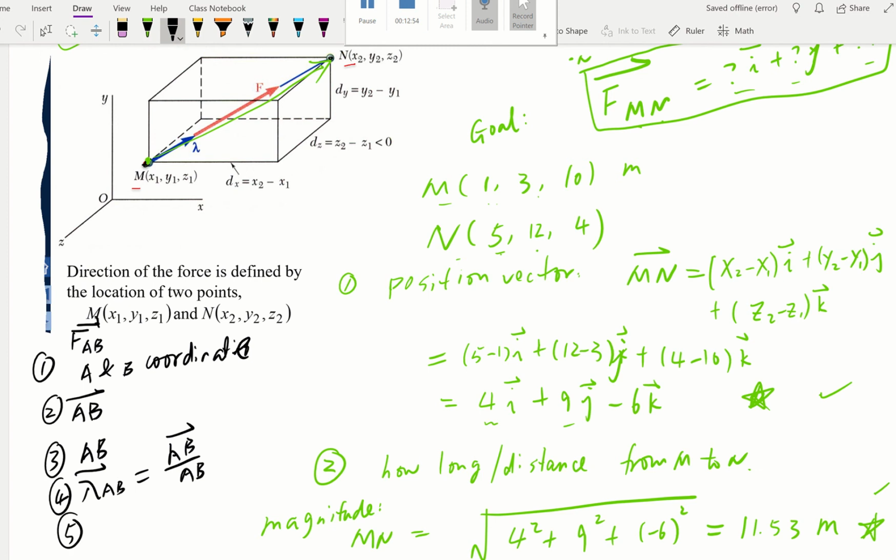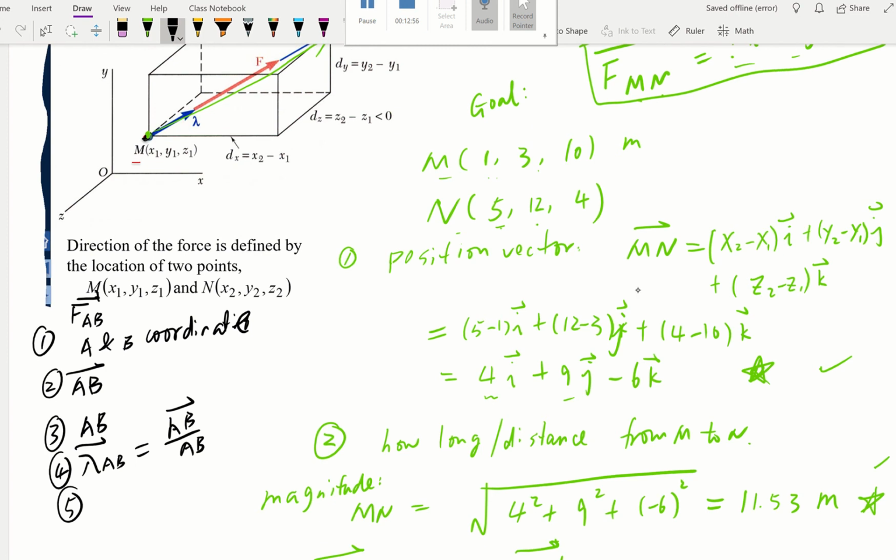Then our last step: FAB is equal to F, the force magnitude without a hat, times your lambda AB, or you can write FAB times the AB position vector over AB.